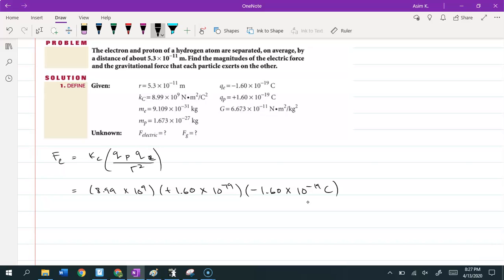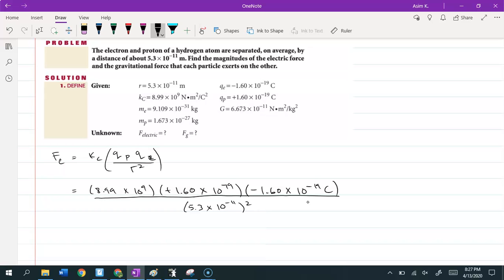And then all of that is divided by the distance between the proton and the electron squared, so that is 5.3 times 10 to the power negative 11 meters squared.